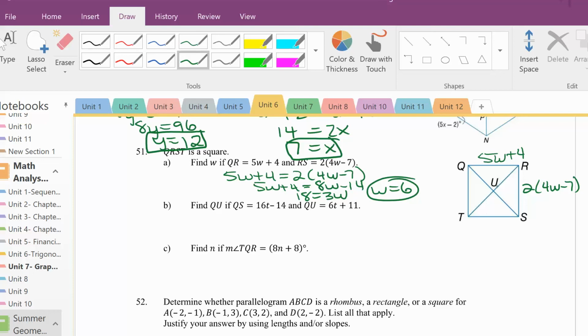QU, if QS is 16T minus 14, and QU is 6T plus 11, well, remember, the diagonals bisect, so 2 times 6T plus 11 is equal to 16T minus 14, the whole thing.